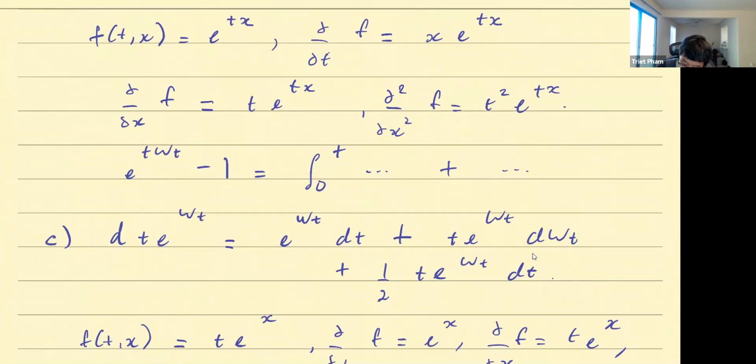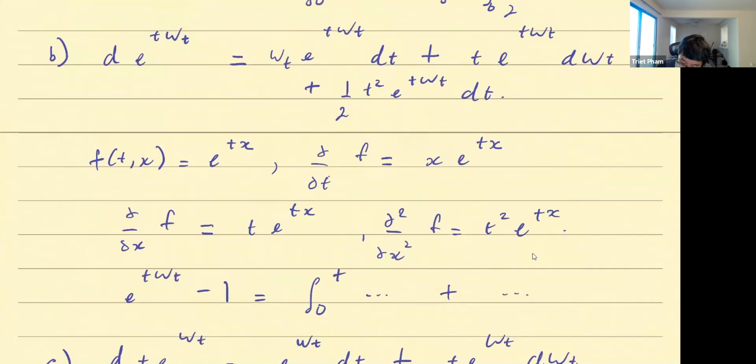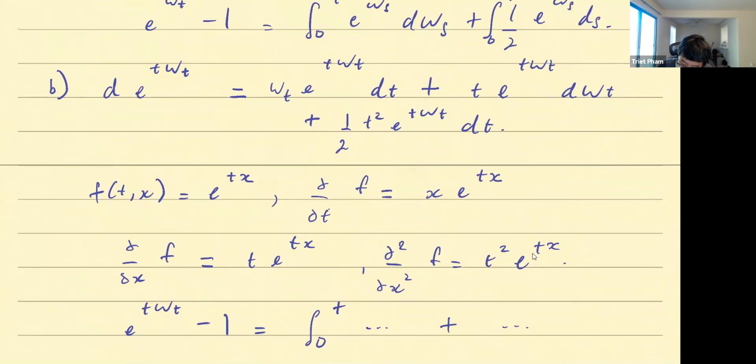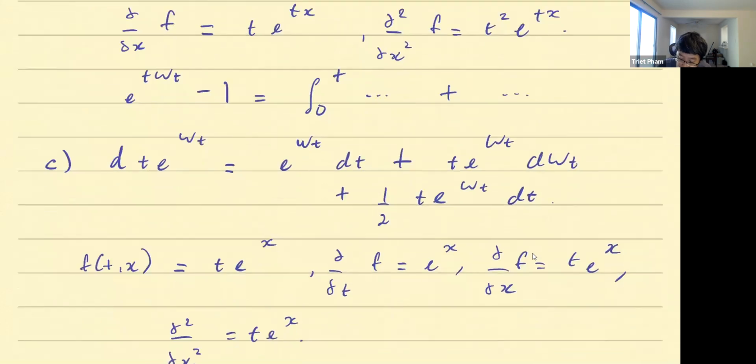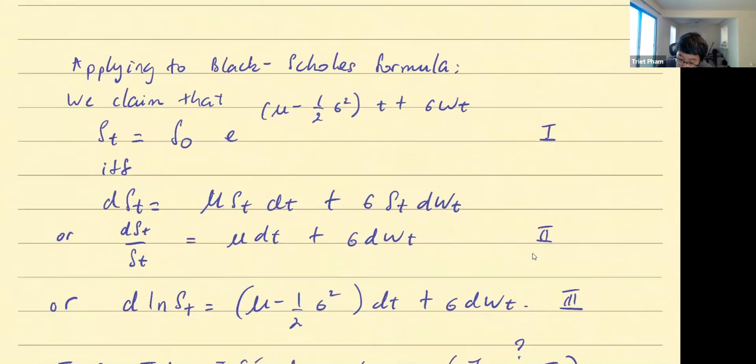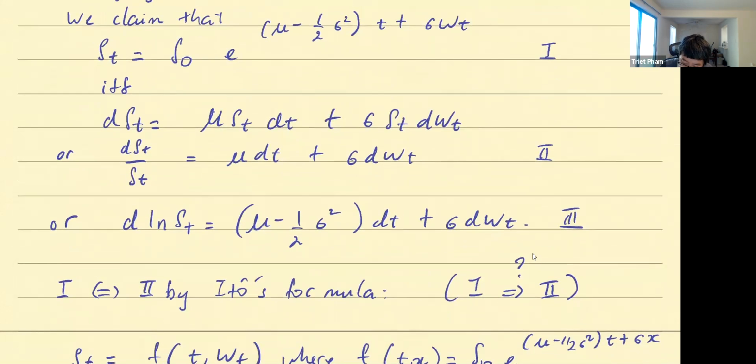The reason is, unlike the examples we did above, right? Basically, everything we did above, for example, the left side and the right side just involve t and the Brownian motion, which are supposed to be known. Here, S_t is a mysterious object, okay? It's like a mysterious function.